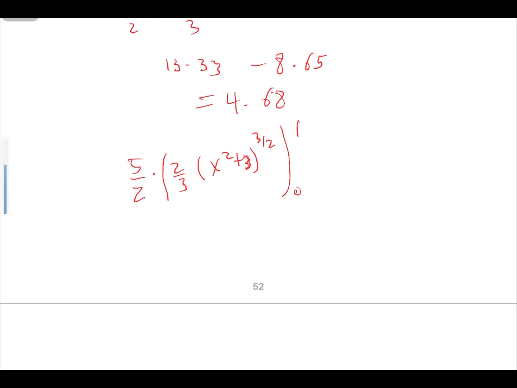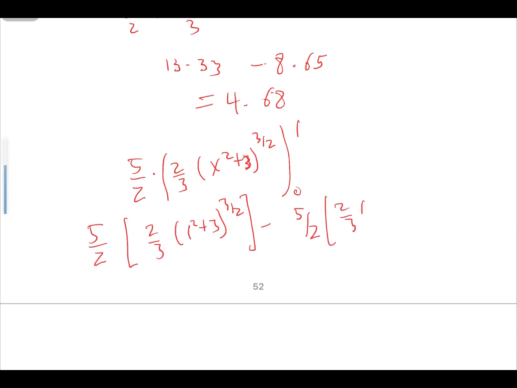Now from when I put in 1, I'm going to get 2 over 3, 1 squared plus 3, all power 3 on 2, minus 5 on 2, also here, 2 on 3, 0 plus 3, all power 3 on 2.